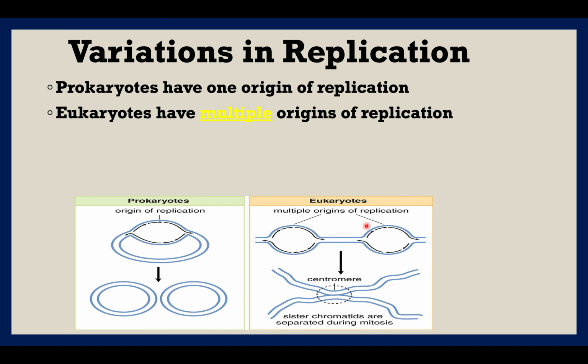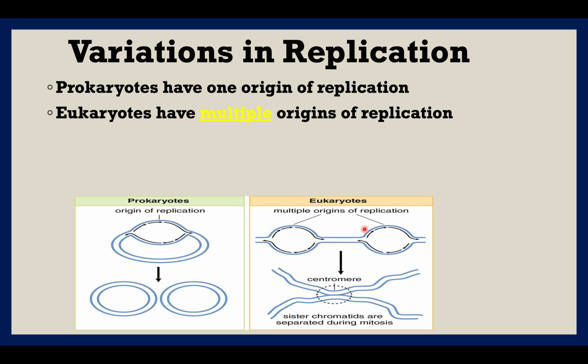And think about it. Eukaryotes, let's talk about humans. We have 46 chromosomes, right? When replication occurs, we end up with 46 duplicated chromosomes. But what is different about our chromosomes in comparison to the DNA of a prokaryote? Besides the fact that we have more chromosomes, our chromosomes are linear.